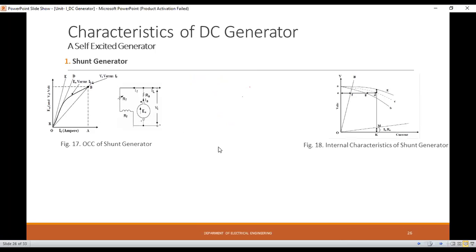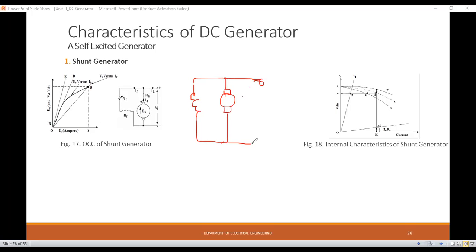Now the next characteristics of the DC shunt generator are the internal characteristics. See, in the case of internal characteristics, suppose this is the shunt generator having an armature, and it is in parallel with the field winding.